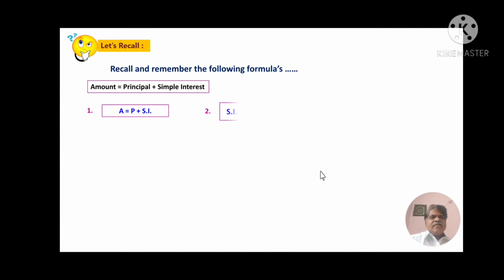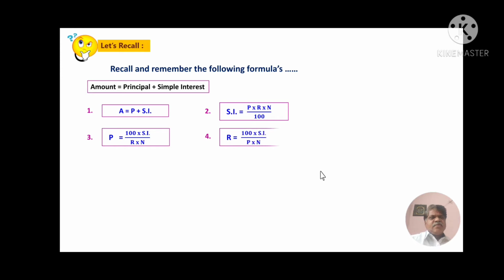Second, SI is equal to P into R into N upon 100. Third formula, P is equal to 100 into SI upon R into N. Fourth, R is equal to 100 into SI upon P into N. Fifth, N is equal to 100 into SI upon P into R.